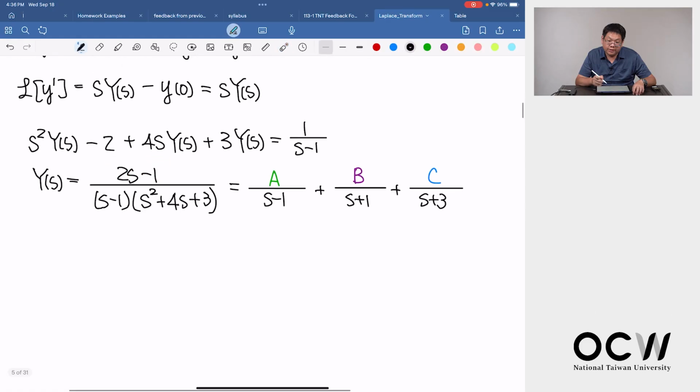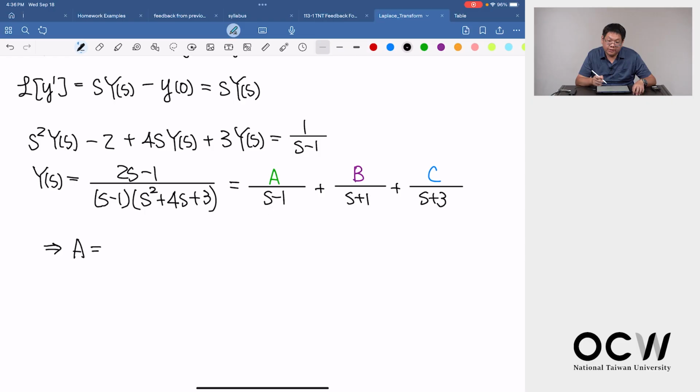Then you will get A is 1/8, B is 3/4, and C is -7/8.